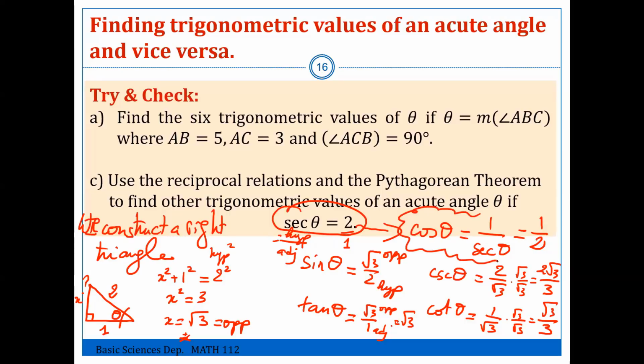This, for example, is called the reciprocal relation. There are several relations between these trigonometric functions and we'll see some of them through the different lectures. We'll see several relations linking all these functions, not all of them, there are a lot.